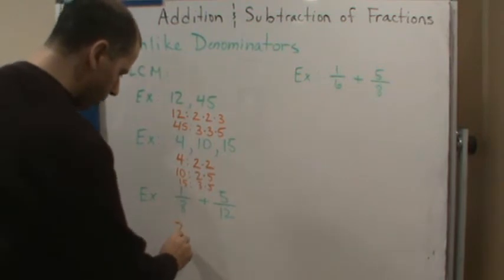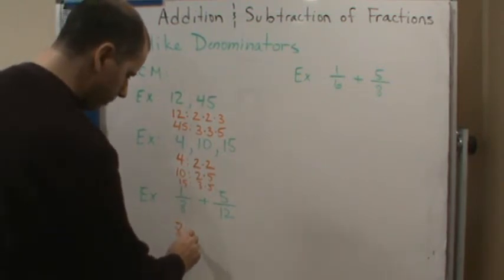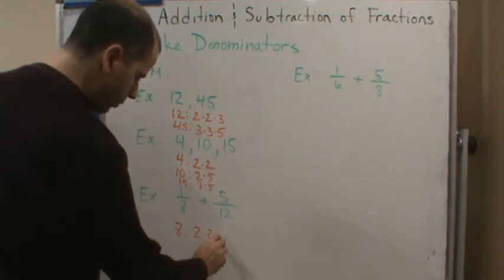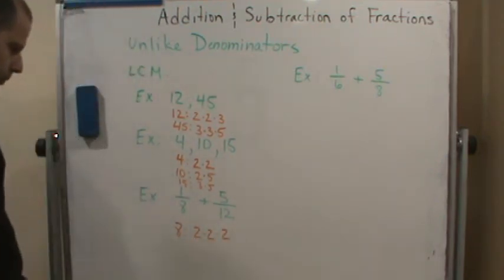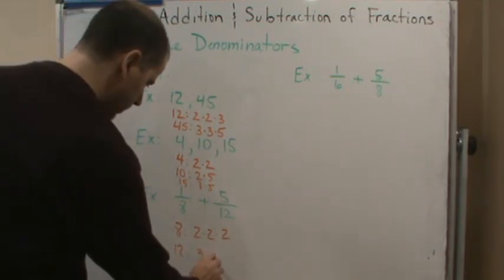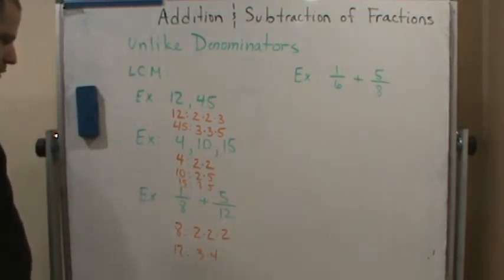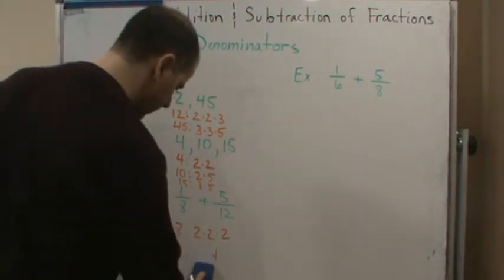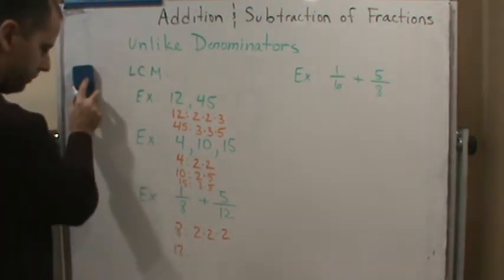Okay, so 8 equals 2 times 2 times 2, and 12 is 3 times 4. So, in this case here, it actually is going to turn out to be, oh, that's 3 times 4. Not thinking.